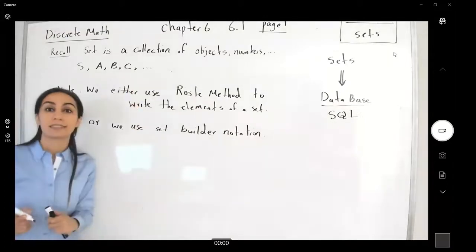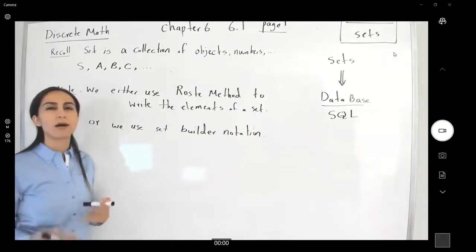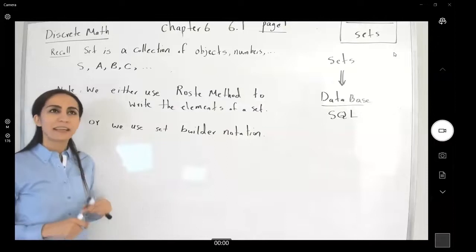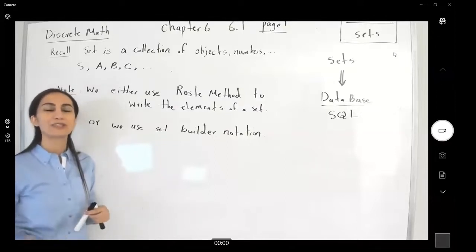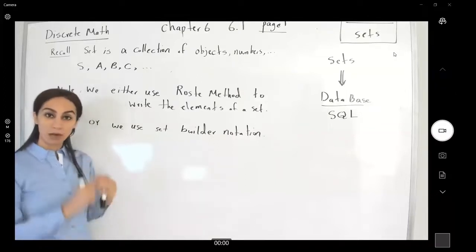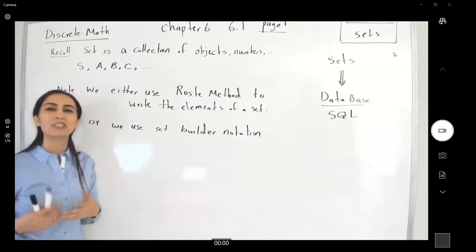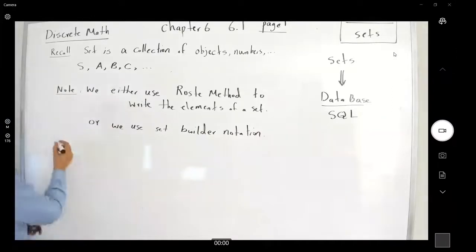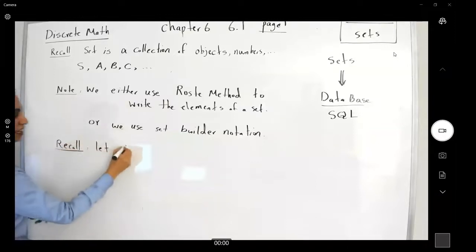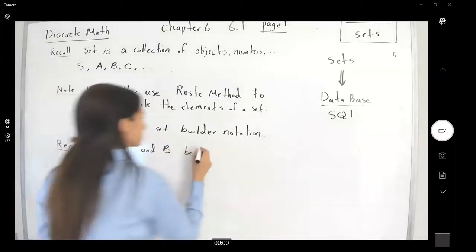After defining a set, remember that we're interested in forming some new sets. The easiest way to introduce a new set is to take the subsets, sub-collection of that set and say, these are new sets. So recall that. Let A and B be two sets.